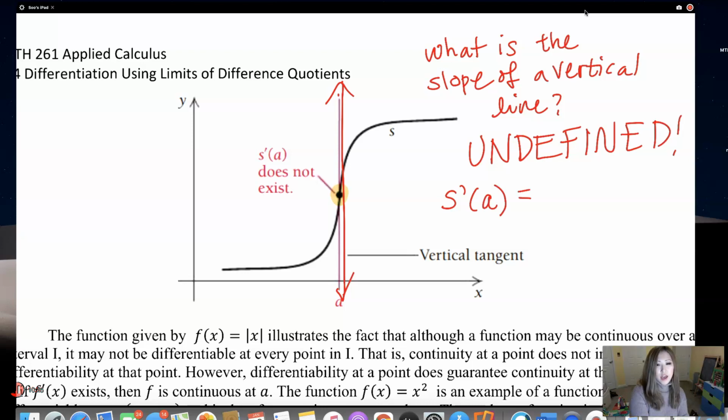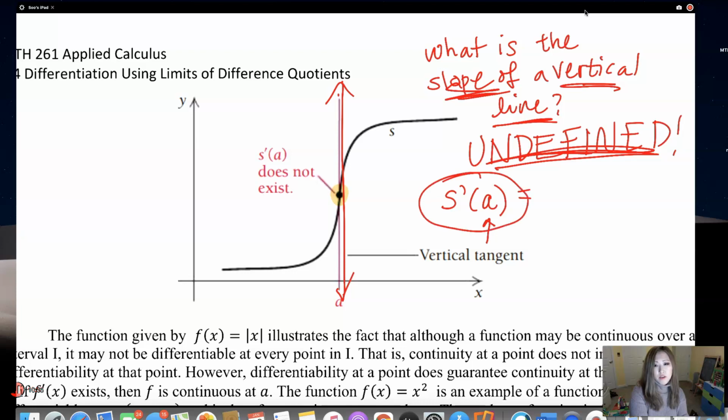I'm asking, hey, what is the slope of a tangent line at a? Well, guess what? The slope of a vertical line is undefined. So f prime of a does not exist. It's undefined because the slope of any vertical line is undefined.